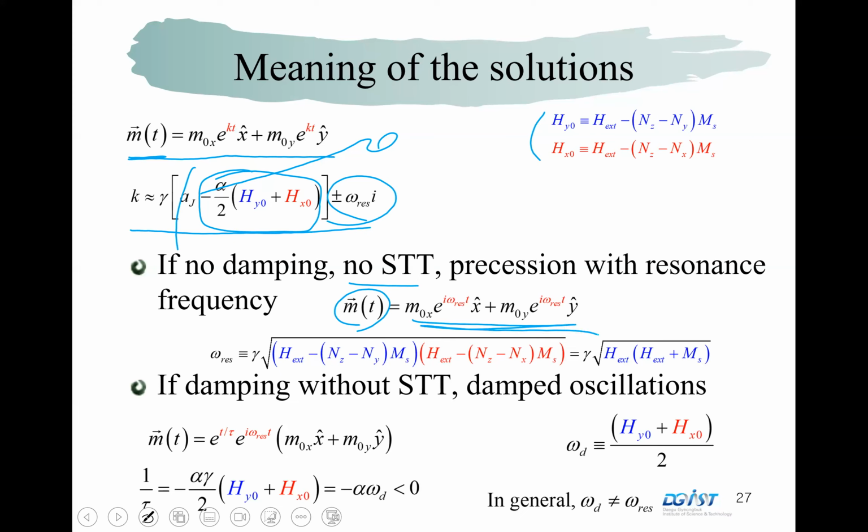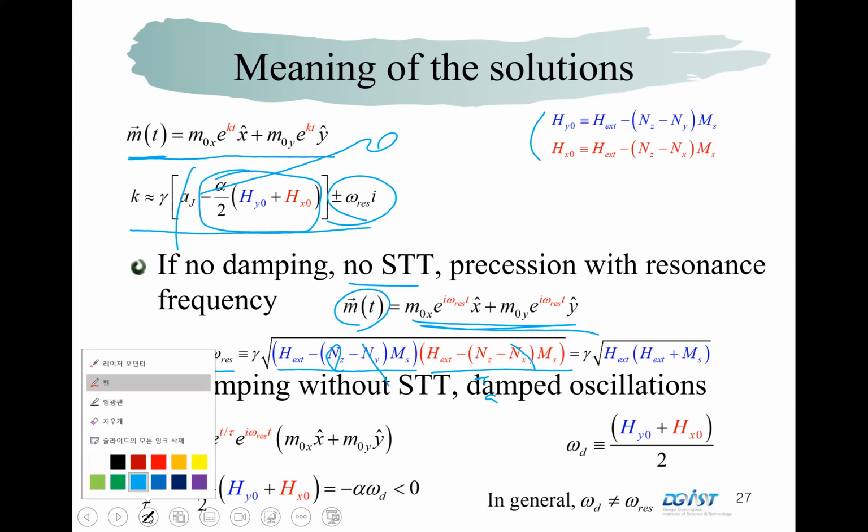And also this omega resonance is the multiplication of HY0, HX0. And actually in the infinite case, only NY is 1 and NX and Y is 0, NG is only 1. Okay, so this is only 1.